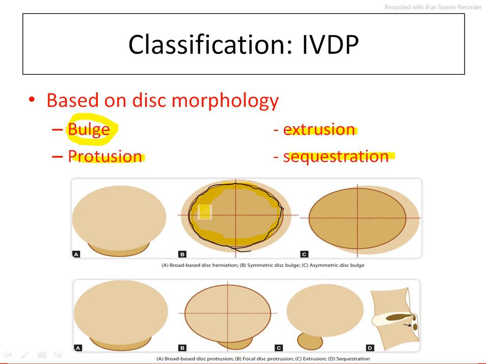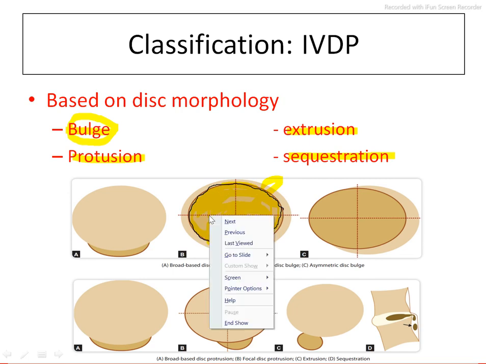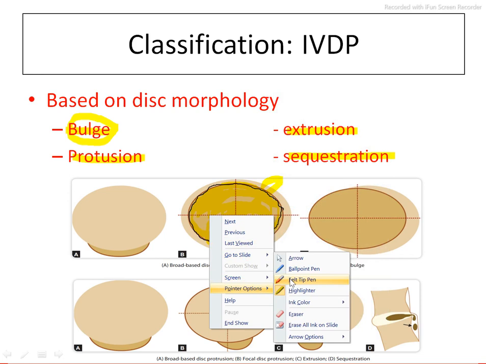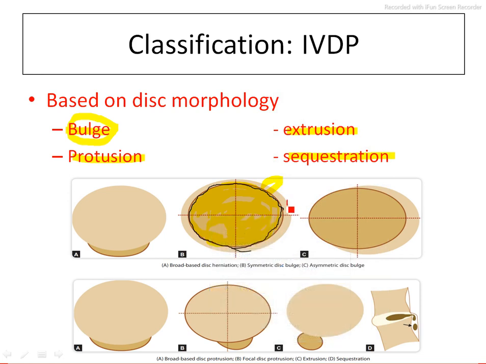But what happens in bulge? In bulge, the disc comes out of the level of the vertebral body. So you see, this outer circumference is the bulged intervertebral disc now.